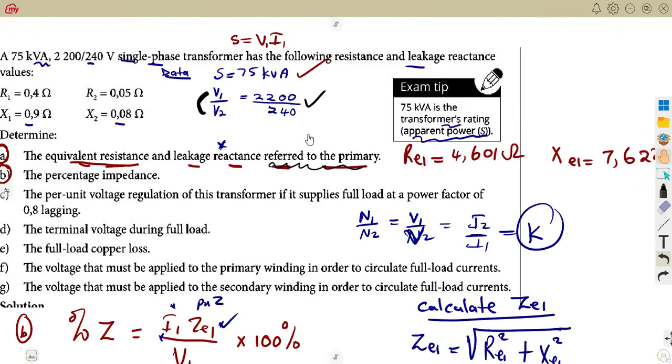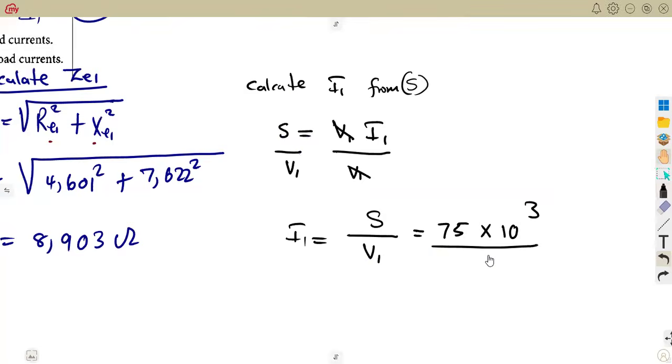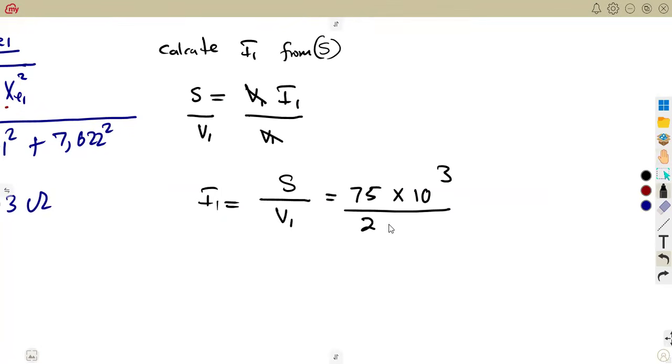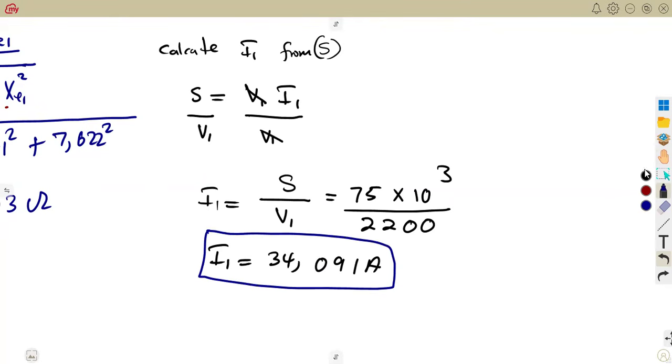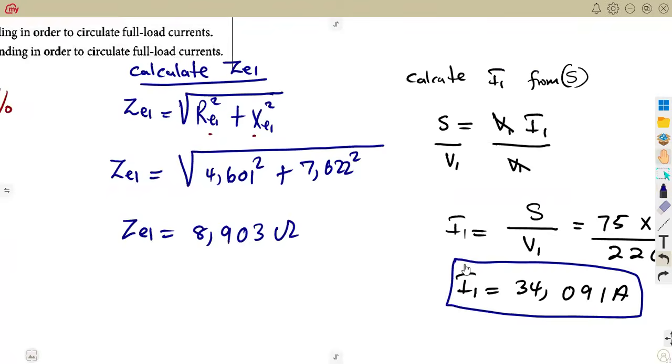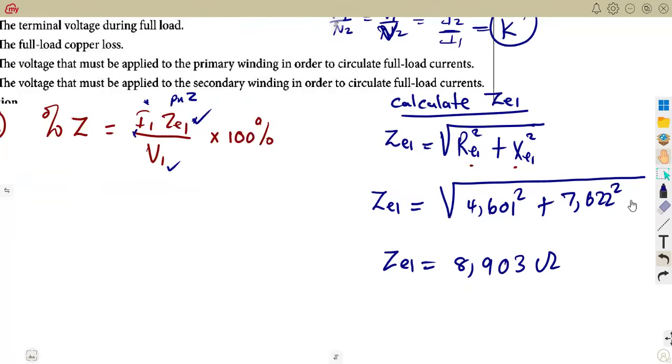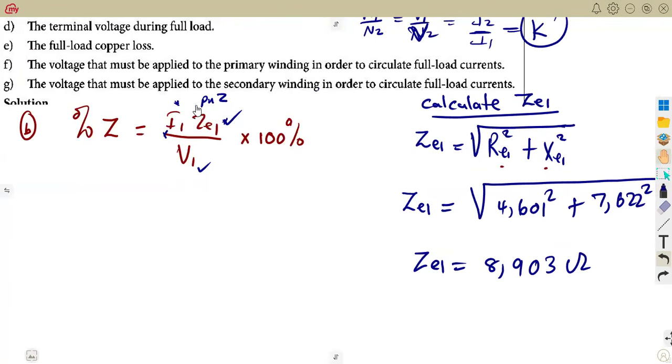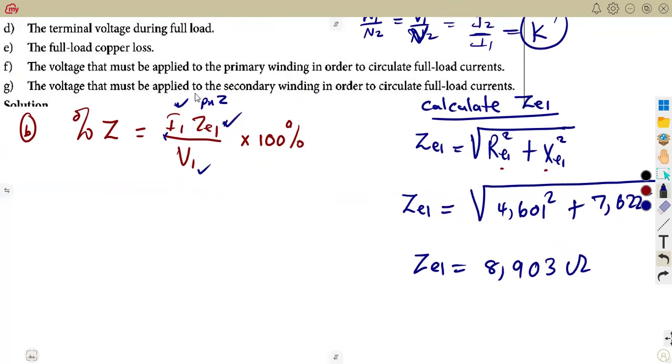V1 corresponds to 2,200. So definitely, you're going to divide this by 2,200. That's obtaining the value of I1, which is the current of the primary side, and that's 34,091 amps. We have this current, which is missing on our formula here. The part that was missing is current. So you see your electrotechnics, guys, you write this formula, something is missing, find what is missing, like that.